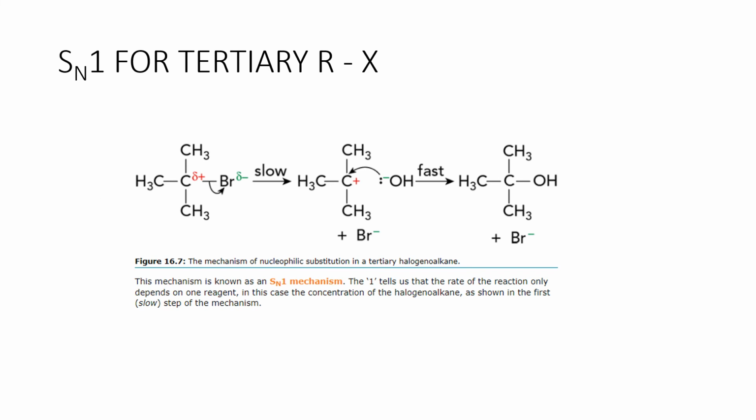For tertiary halogenoalkane, the mechanism is SN1. 1 means that the rate of reaction depends only on one species.